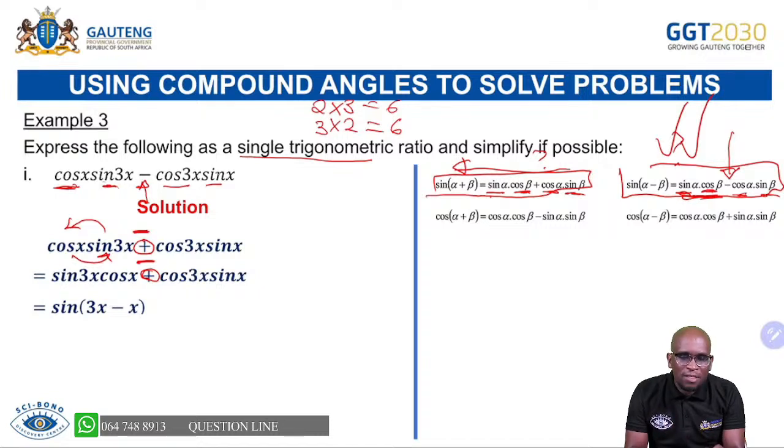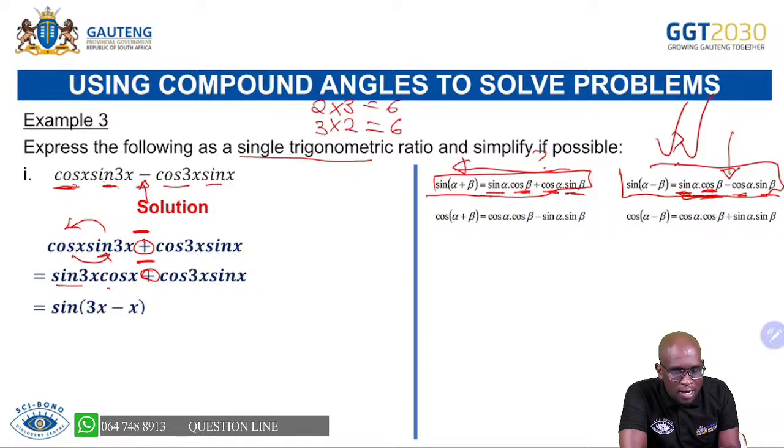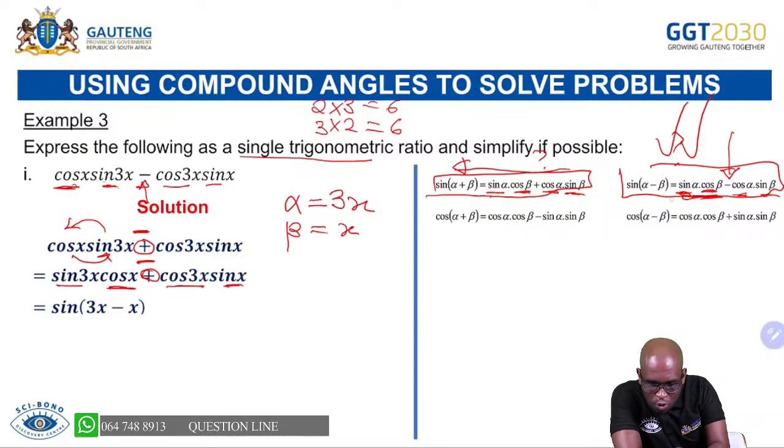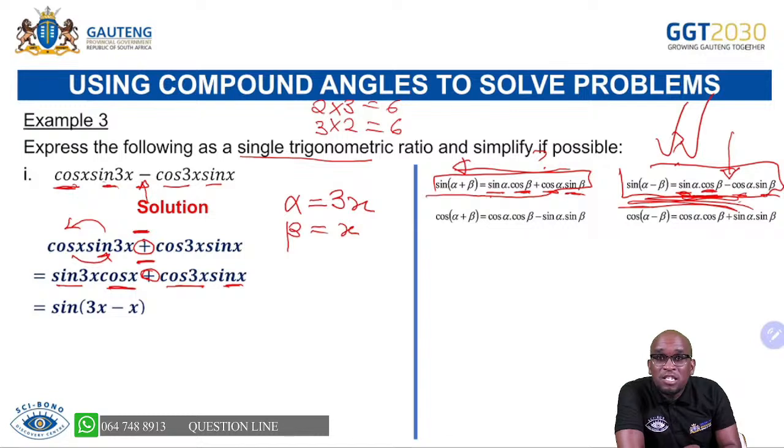So after I've done that, I've changed their positions. Sine 3x cos x minus cos 3x sine x. So you can see that your angle alpha is what? Is 3x. And your angle beta is what? Is x. So we can do what this formula here did to alpha and beta.